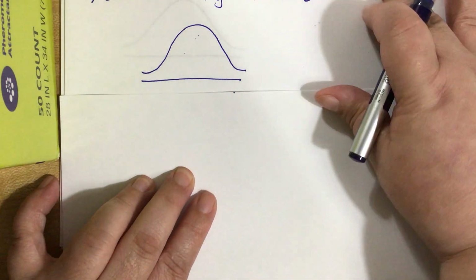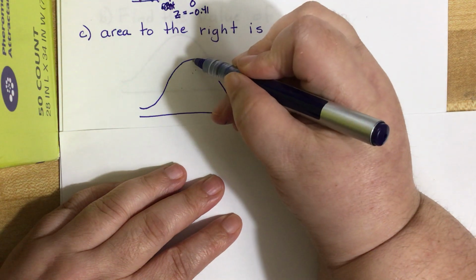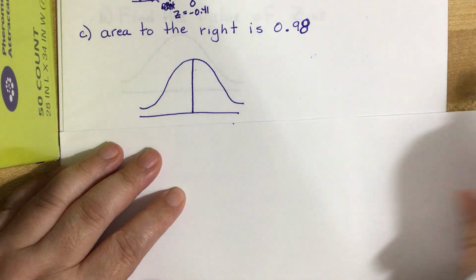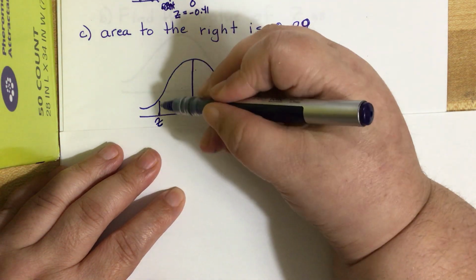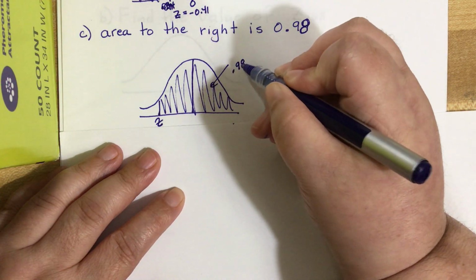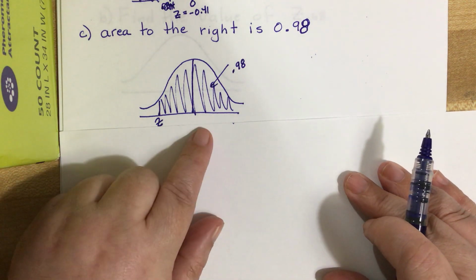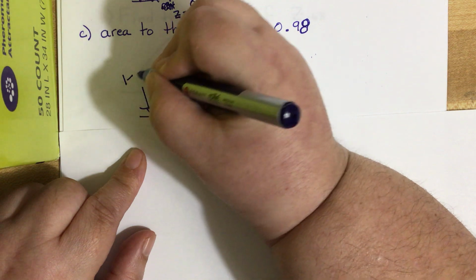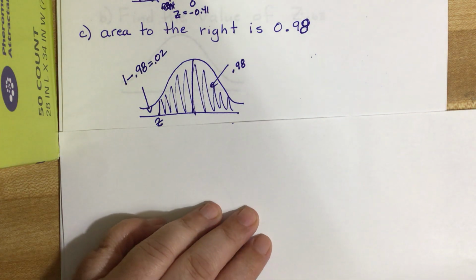It says we want to find the z value such that the area to the right is 0.98. All right, so you kind of have to think of the opposite way. So an area to the right that is above 0.98 says that my answer is going to be somewhere down here so that I get a big area. That's 0.98. All right, so we want to go inside our table, and even though it's an area to the right, to be able to get the area to the left, we know we would subtract, so we can do 1 minus 0.98 and get 0.02 so that we know we're going to get a negative number.